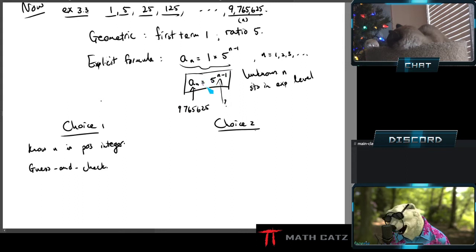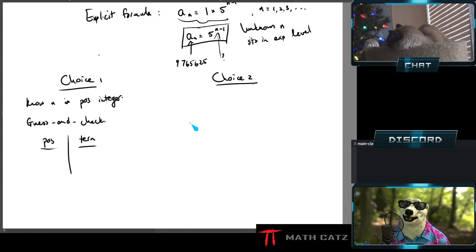Because I have more information than this equation is really capturing. I know n isn't just anything. It's a positive integer, which means I have very few options for which this would work. So now all I'm going to do is try some positions, and see if I can hit this term 9,000,007 blah blah blah.